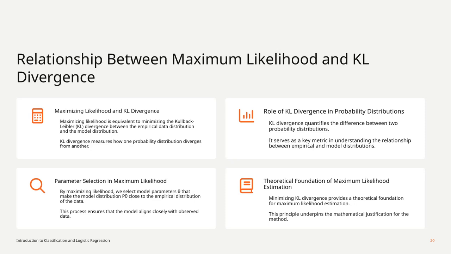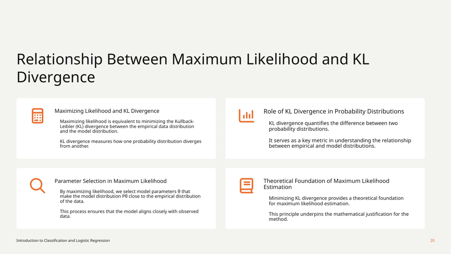Now, let's explore the relationship between maximum likelihood and KL divergence, which forms the theoretical backbone of classification methods like logistic regression. When we talk about maximum likelihood estimation, or MLE, we're essentially trying to find the set of parameters that make our model as close as possible to the observed data. But what's the mathematical justification for this?